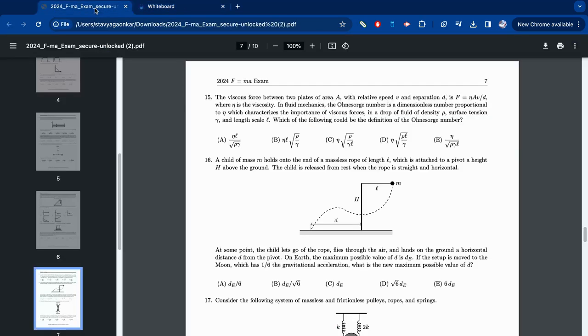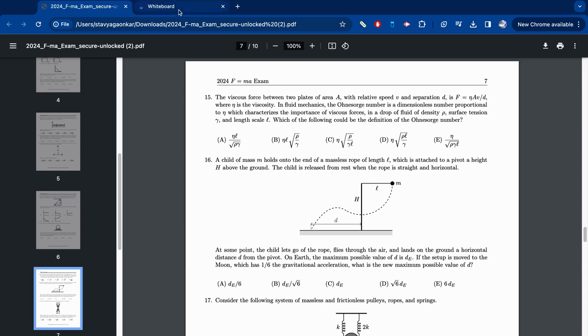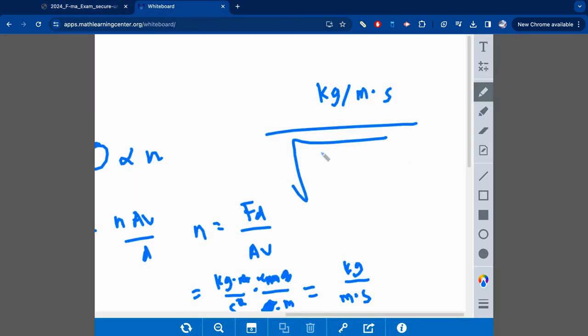Okay, so this is n over the square root of rho times surface tension times meters.